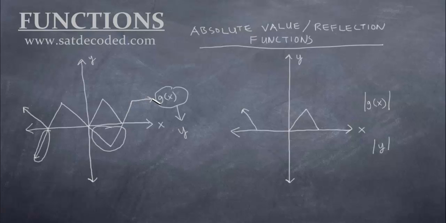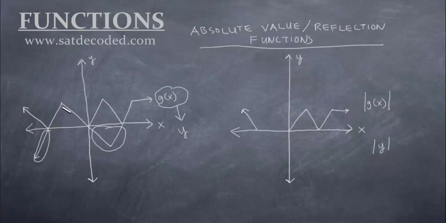Now this part right here, all those points already have positive y values, or at least a 0 for the y value. So those are all acceptable possible values, so we're just going to keep it exactly the way it is in our new version. Remember, the absolute value of a positive number or the absolute value of 0 is still the same number, so there's no need for us to change it. So I'm just going to redraw it exactly the way it was.